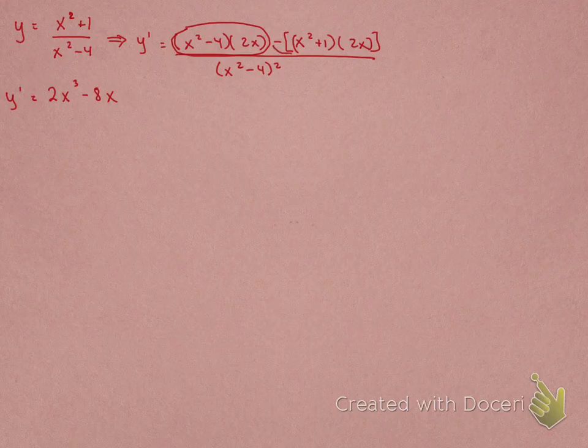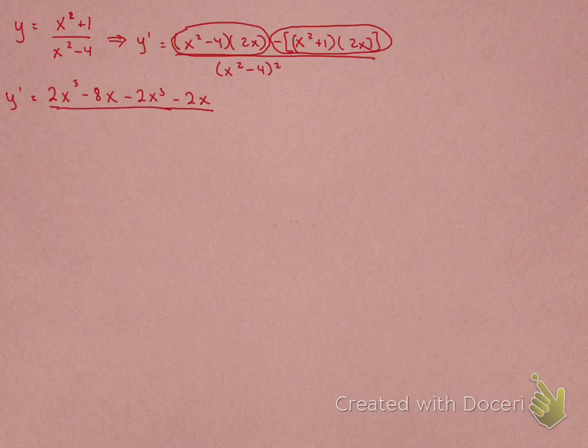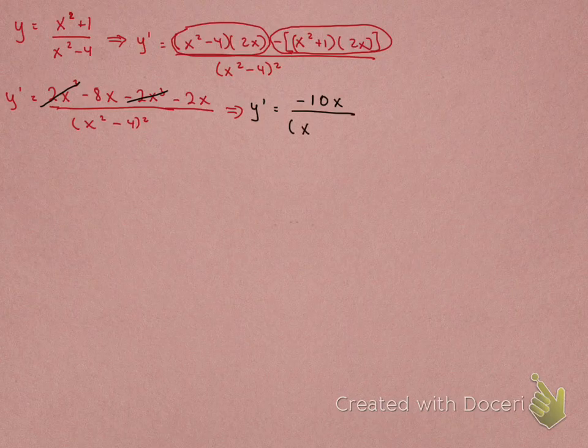And then after the minus there, we will have minus 2x cubed and then minus 2x. And we have some things that can simplify there, thankfully. Make our job a little bit easier, okay? So moving forward, we can see that the 2x cubes cancel each other out, and we are left with y prime is negative 10x over x squared minus 4 squared.